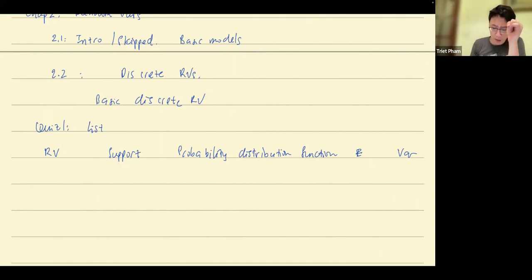So the word basic here is also sort of subjective, depending on what people work on. This list may be different for different people, but everyone should have a similar core list that they all agree upon.